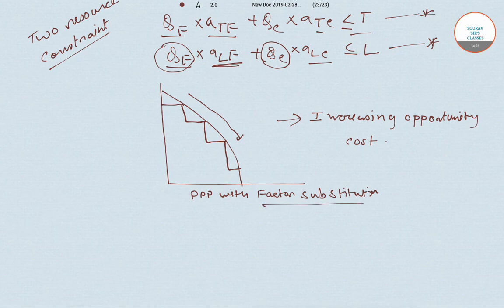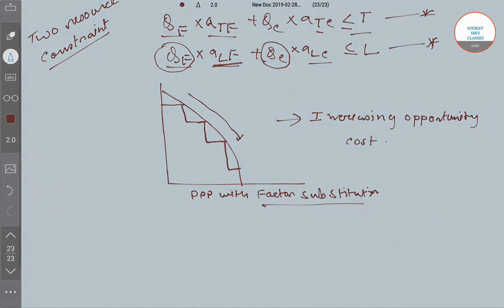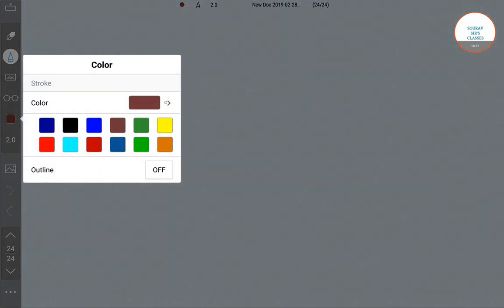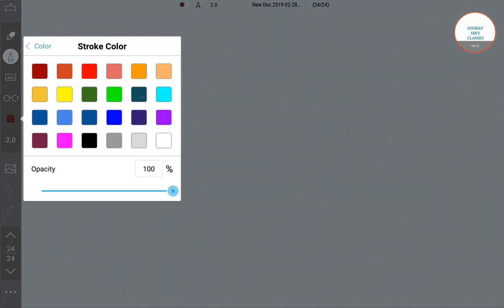Now we'll go to the second assumption, that is the role of commodity prices. Now we'll go to another assumption, which eventually talks of the role of commodity prices.